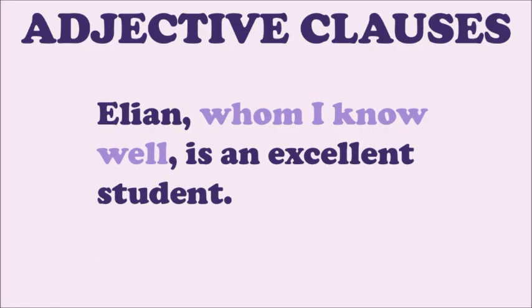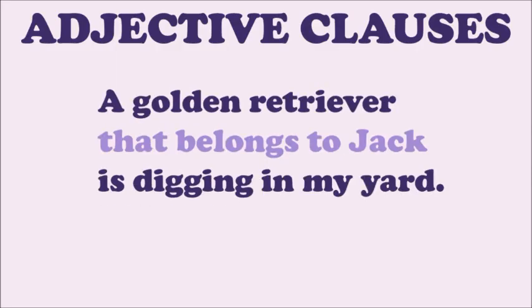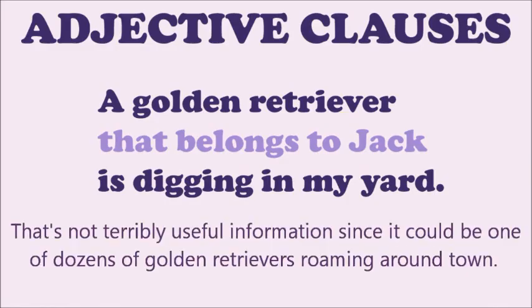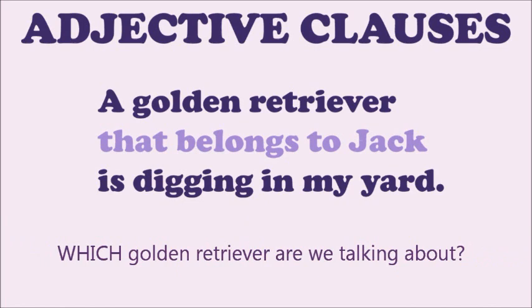Now let's look at the sentence without commas. Okay, a golden retriever is digging in your yard. That's not terribly useful information, since it could be one of dozens of golden retrievers running around town. Which golden retriever are we talking about?